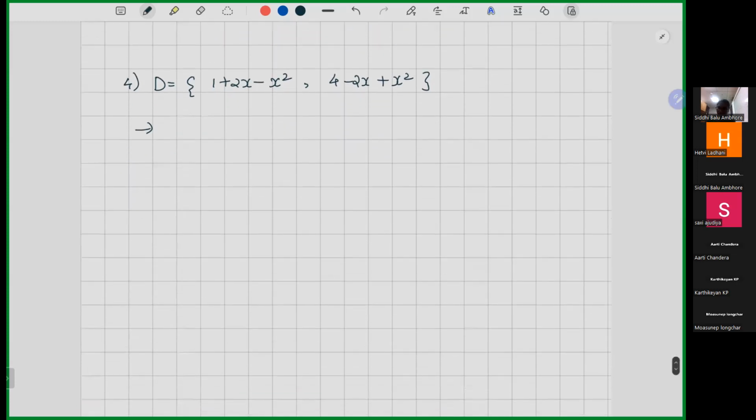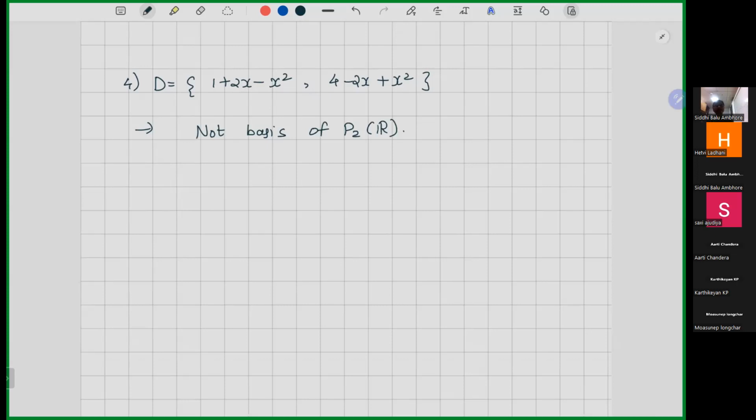So this is actually not a basis of P2R. And why is it? Because this set has dimension or cardinality 2.